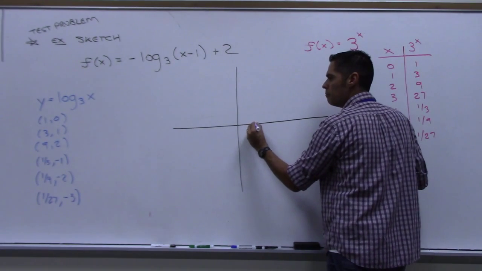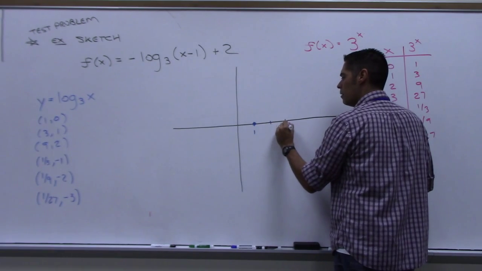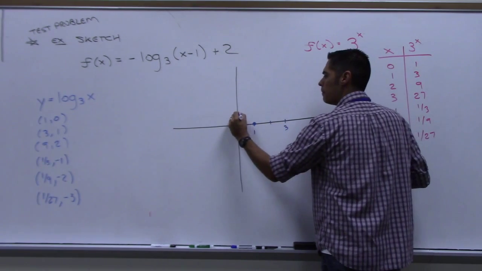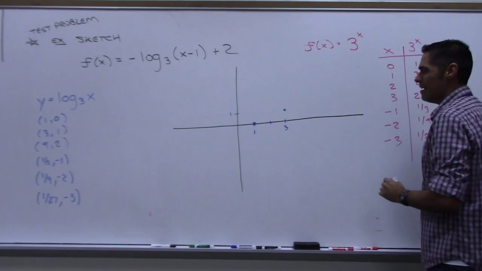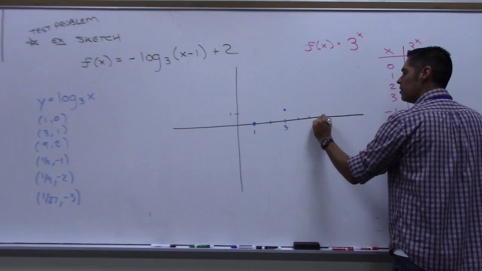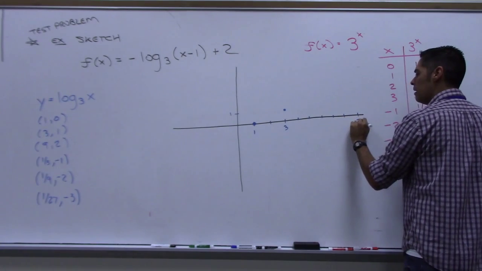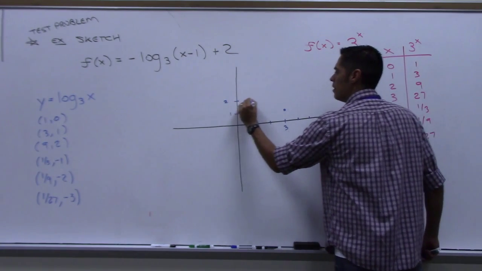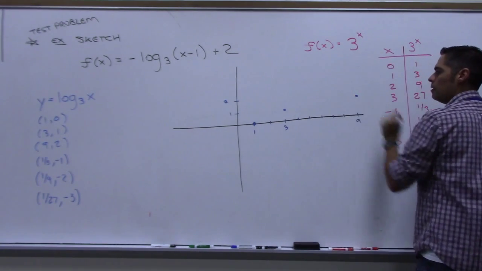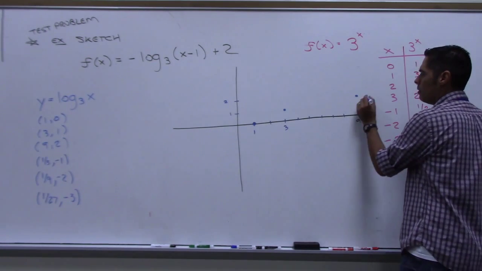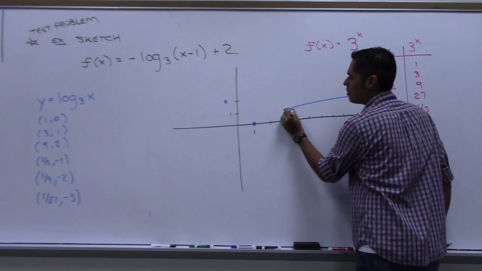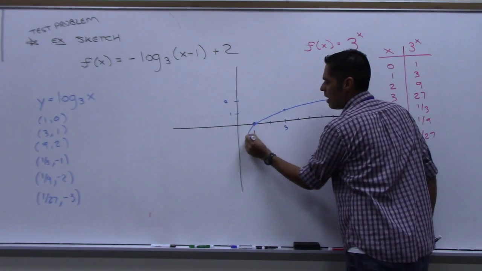There. 3, 1 is here. 9, 2. So 4, 5, 6, 7, 8, 9, and 2 is there. So I know it does this. And then I know it dives down like that.